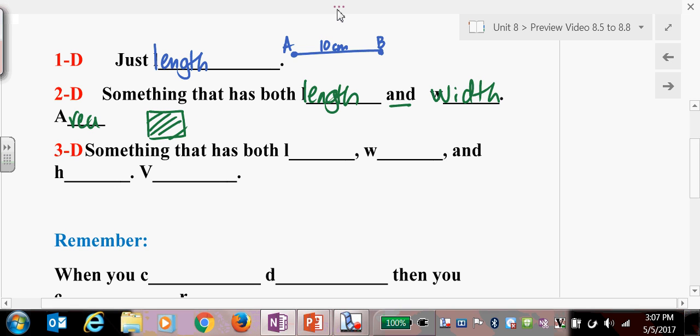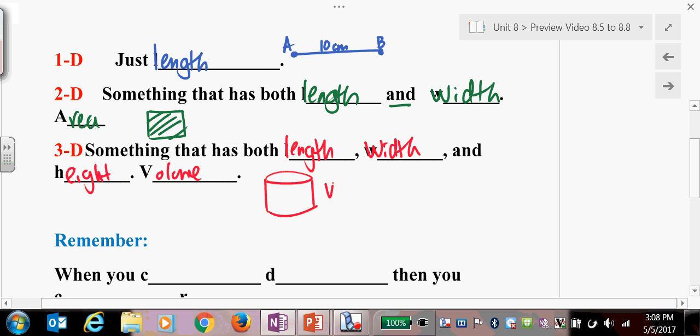That's 2 dimensions. Three dimensions is something that has length, width, and height. That would be what we're studying right now, which is volume. If I asked you to find the volume of the cylinder, that would be a 3-dimensional concept. So 1 dimension is just length, 2 dimensions is area, 3 dimensions is volume.